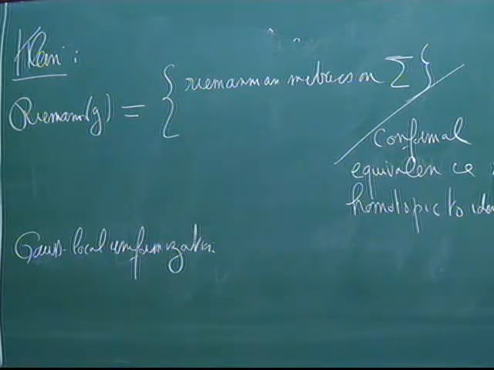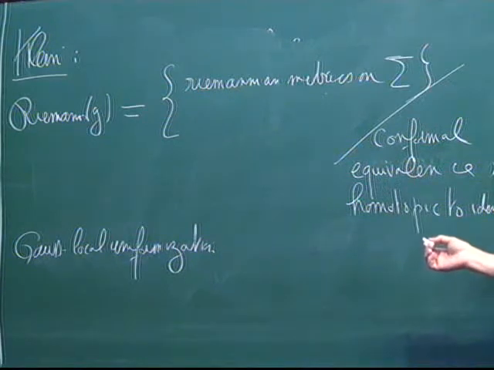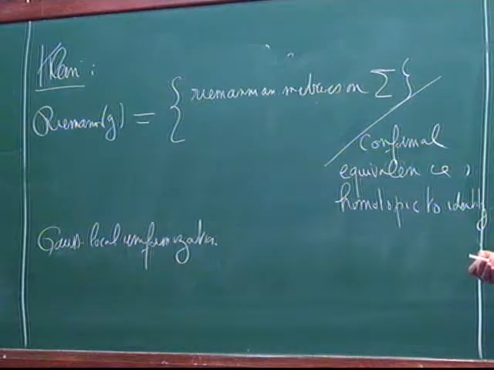Therefore, the metric here gives you a complex structure. And conversely, if you give me a holomorphic structure on sigma, you can construct a Riemannian metric whose underlying conformal structure is the given one.